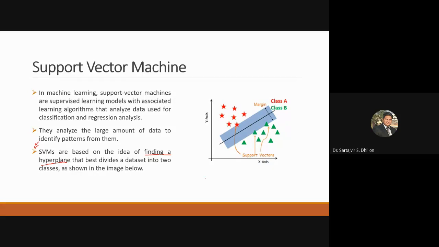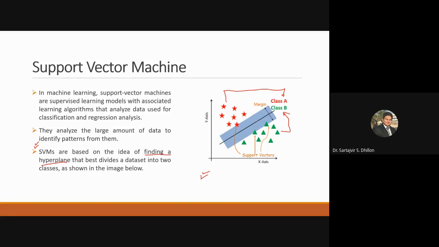Here we can see in this figure there are red stars which represent class A, and there is another class representing class B. There is a line in between, which is what we do in existing algorithms, but here they are also defining the margin. Along with the line, the support vector machine also defines the margin.